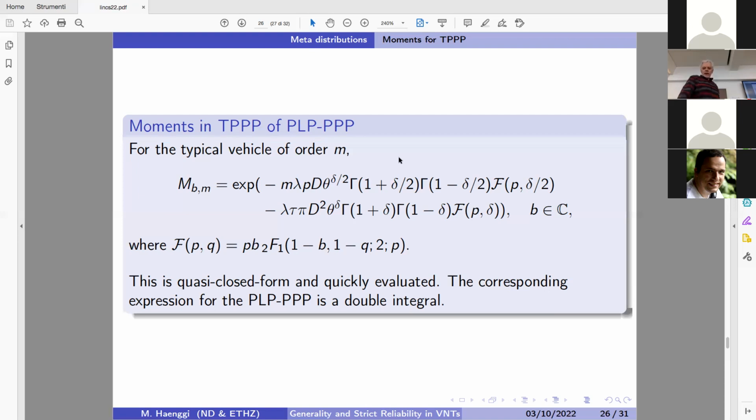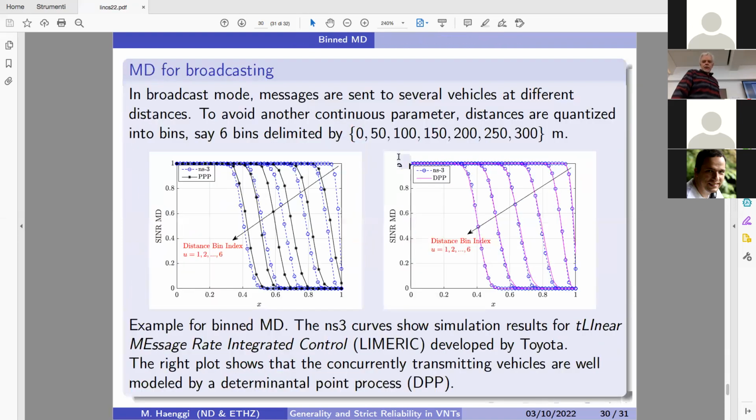Yeah, I think there are several aspects. One is the correlation in the vehicle locations, which here is considered using a so-called determinantal point process. Especially as vehicles get more congested, we have to be more careful about who gets to transmit, and we want to space the concurrent transmitters more accurately.